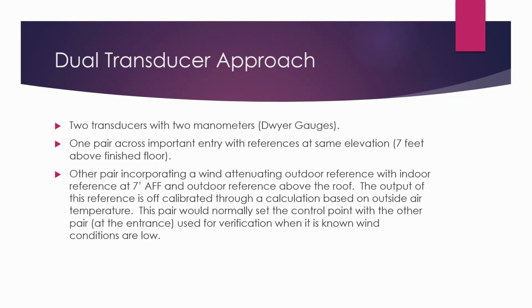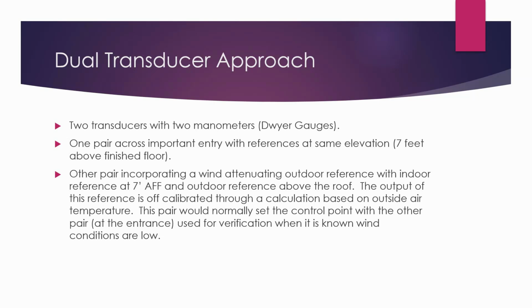The other pair incorporates a wind attenuating head at the top of the building. And it's got some length difference between the outdoor reference at the building entry and that wind attenuating head.